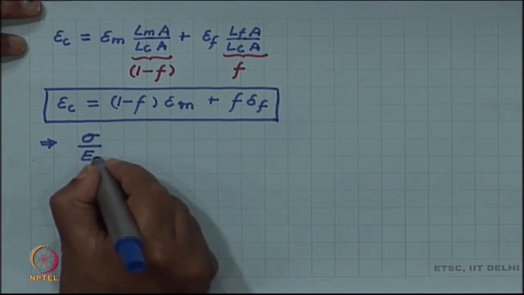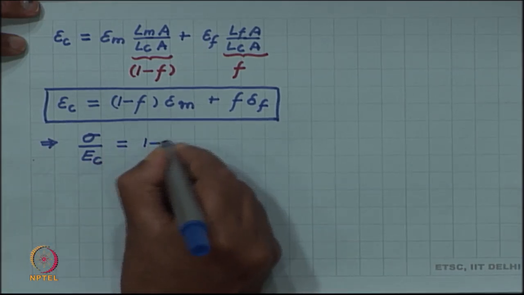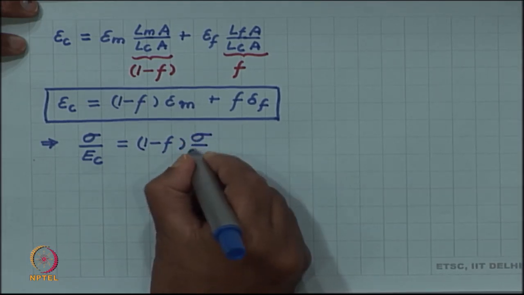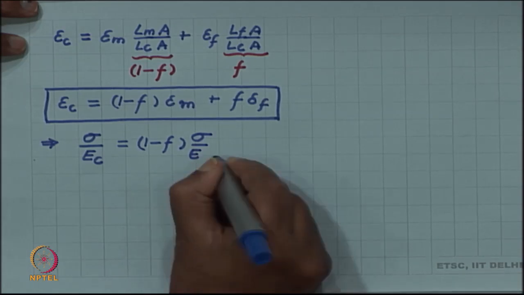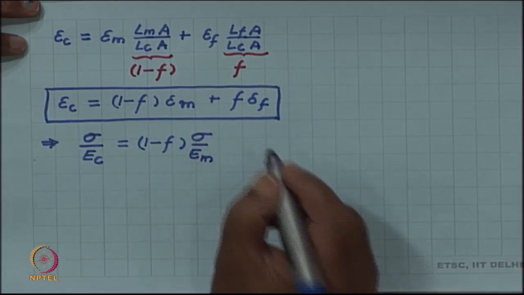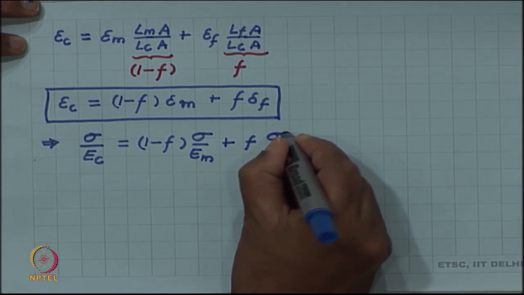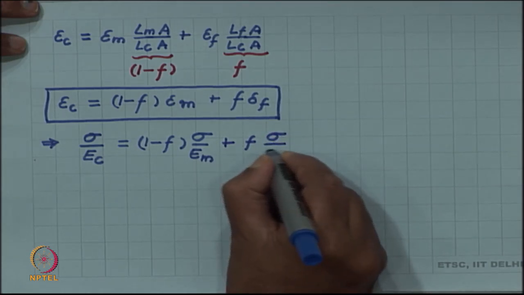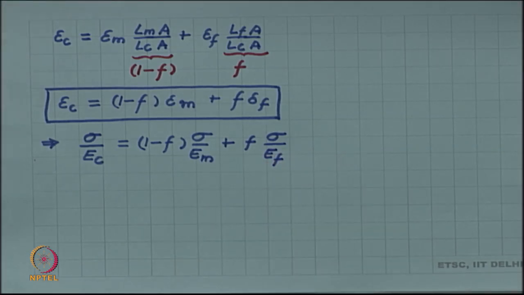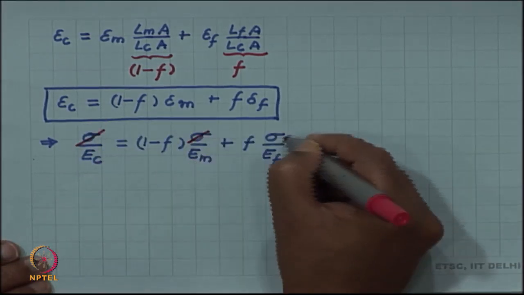Strain in the composite is stress in the composite divided by modulus of the composite, equal to 1 minus F times stress divided by modulus of the matrix plus F times stress divided by modulus of the reinforcement. Stresses are all same, so they can be cancelled.